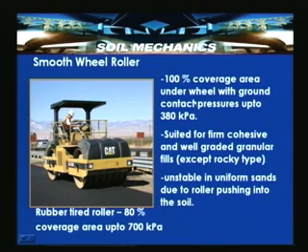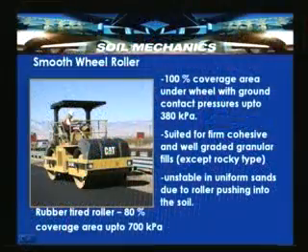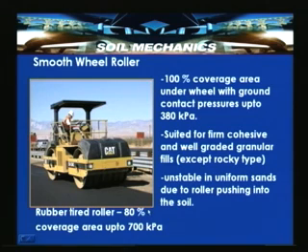That is the general specification for a smooth wheel roller. The picture shows a rubber tired roller with 80% coverage area which can exert ground pressures up to 700 kilopascals, suited for firm cohesive and well graded granular fills.